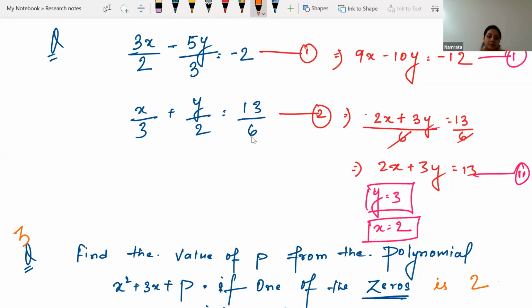So we'll have 2 square and 3 times 2 plus p, right? Yes. Then what are we supposed to get as the value of p? -10. -10. Perfect.